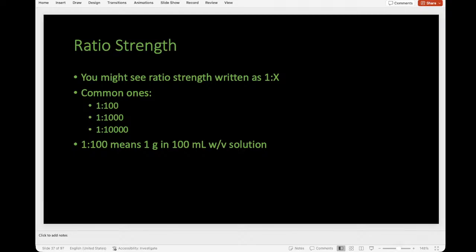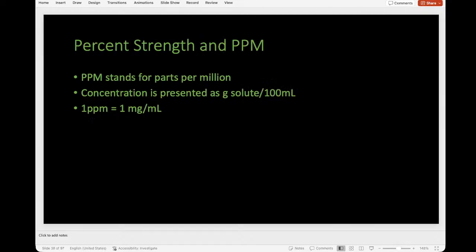And then the percent strength in ppm. ppm stands for parts per million, and is represented as grams of solute over 100 milliliters. And 1 ppm equals 1 milligram per milliliter. So just a quick shortcut in case you were wondering how to remember that concept.